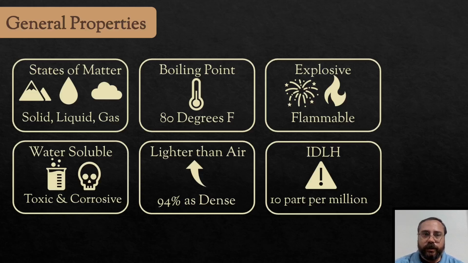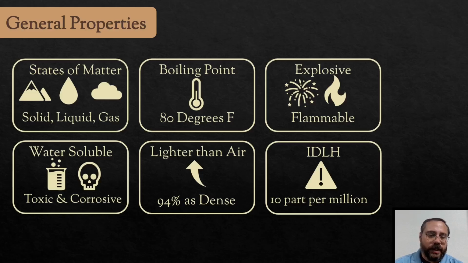Now, IDLH, what does that really mean? That's kind of a strange little acronym there. It means immediately dangerous to life and health. Does that mean at 10 part per million you're going to fall over and die right now? Well, generally no. We'll look at the actual textbook definition of it here in just a moment.